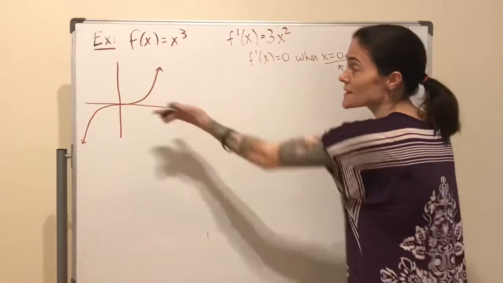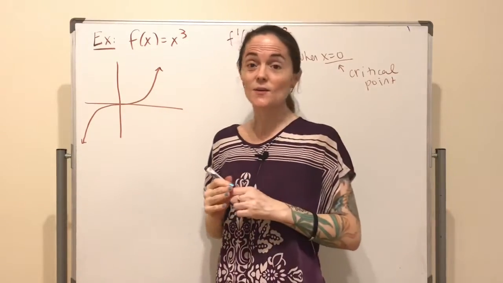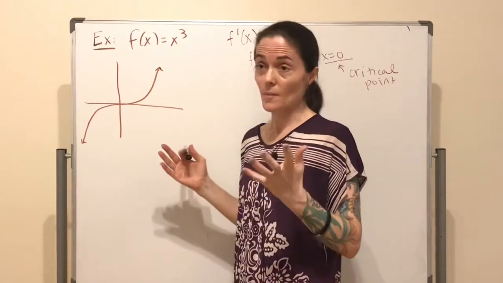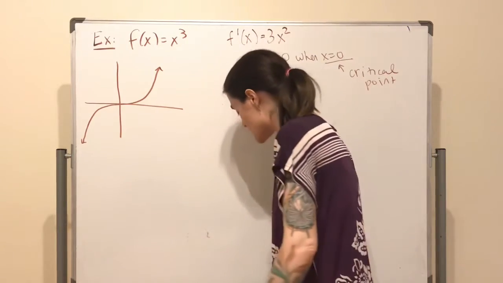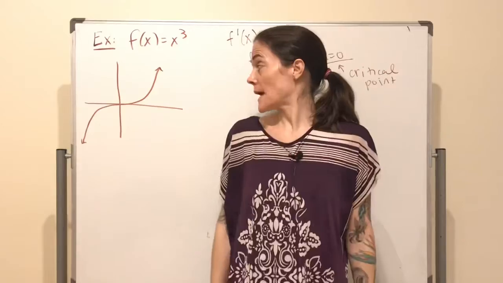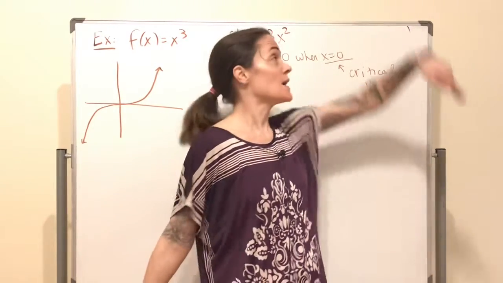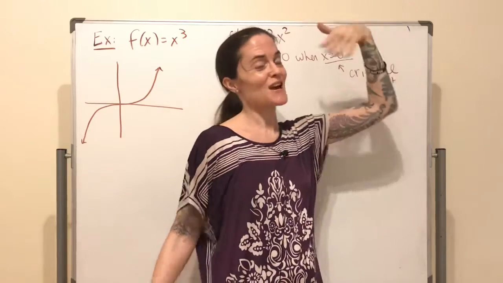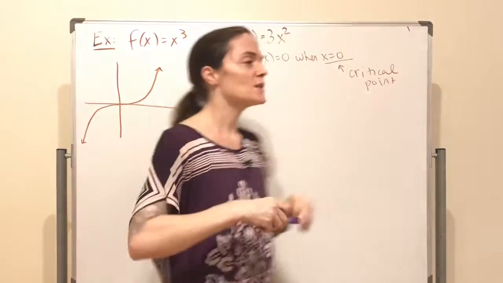But let's look at the graph, which more or less is the shape of x cubed. Is 0 a local max or a local min? No, right? If you stand here at 0 and you look this way, there are y values less than you. If you look this way, there are y values greater than you. So you are not a local max or local min.